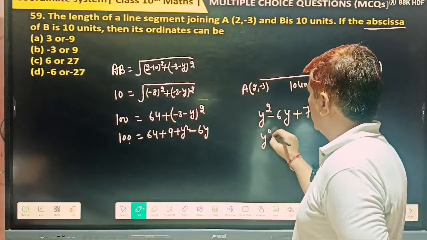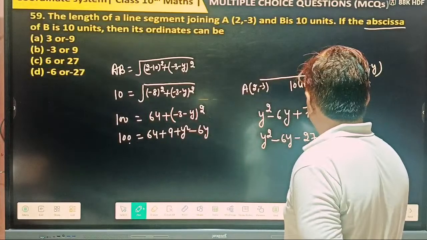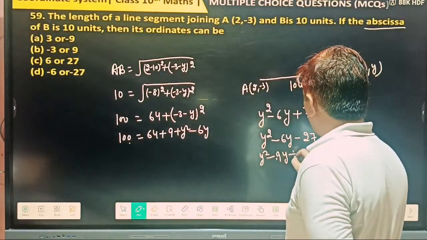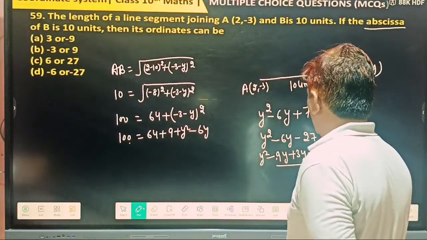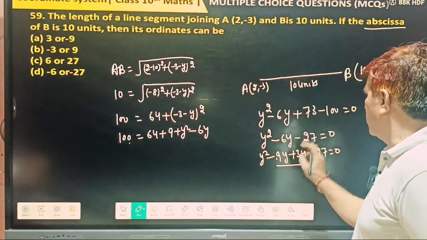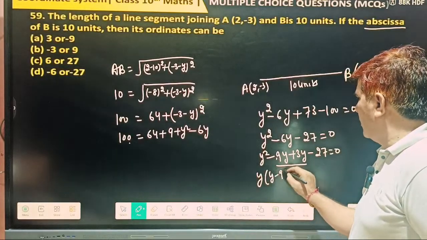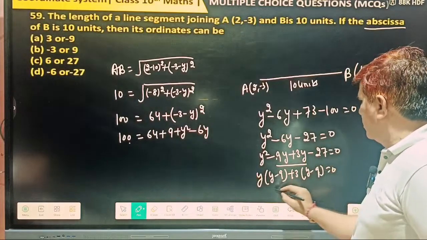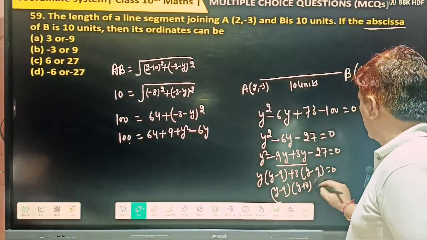So y square minus 6y minus 27 equal to 0. So y square minus 9y plus 3y minus 27 equal to 0. First step right, sum is minus 6, product is minus 27. Second step also right. So y (y minus 9) plus 3 (y minus 9) equal to 0. So (y minus 9) and (y plus 3) equal to 0.